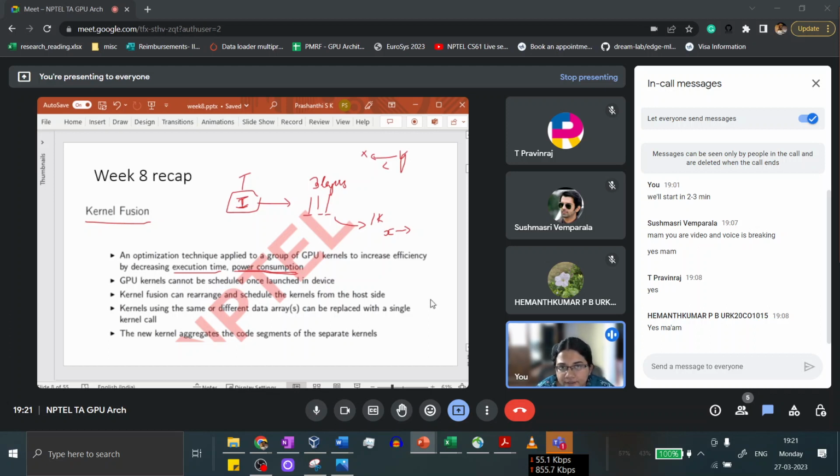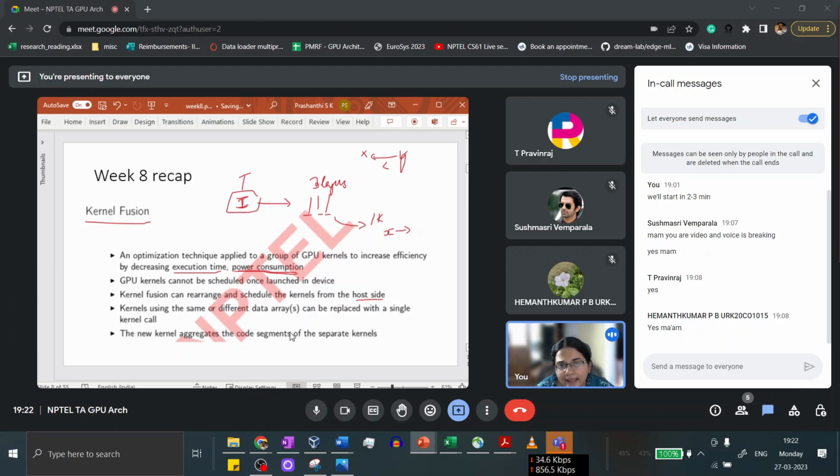When I launch, I make sure that I'm doing these optimizations, because after the point of launching, the CPU or the host side has no control over the execution. So again, kernels using the same or different data arrays can be replaced with a single kernel call.